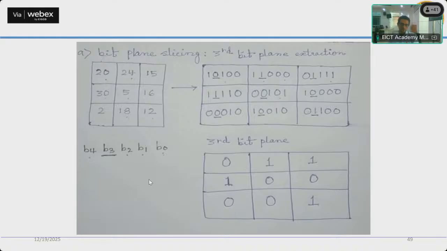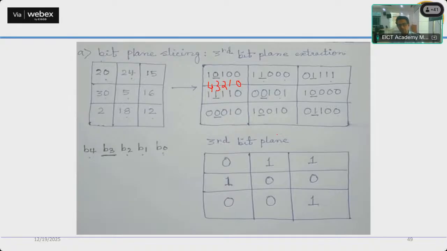So this is the third bit plane. This is 0, this is 1, this is 2, this is 3. That's why we are able to write the third bit plane.